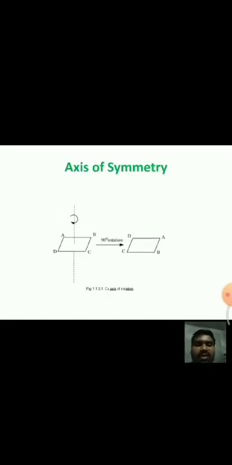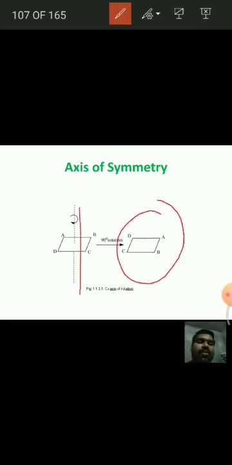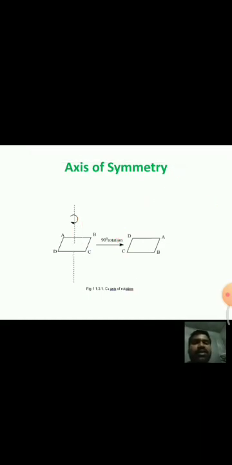Then this molecule is, see here, showing a C4 axis of symmetry. C4 means, see here, 360 by 4, that means 90 degrees. That means through this axis, if we rotate by 90 degrees, we get the similar molecule. That means it is said to be having a C4 axis of symmetry. I think it is clear.